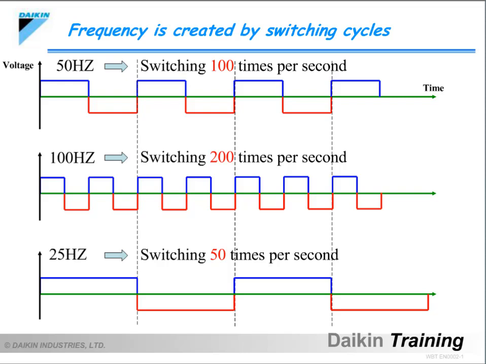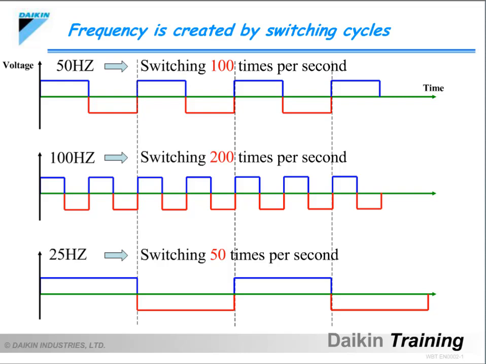If the 100 Hz power is sent to a compressor motor, it results in higher capacity compared to 50 Hz. And if the 25 Hz power is sent to the compressor motor, it results in lower capacity compared to 50 Hz.